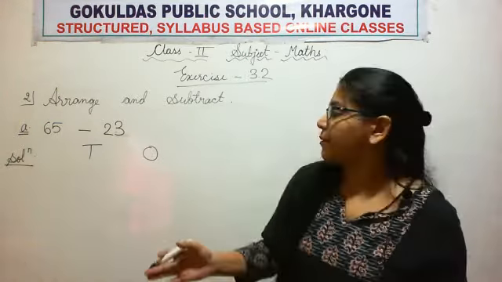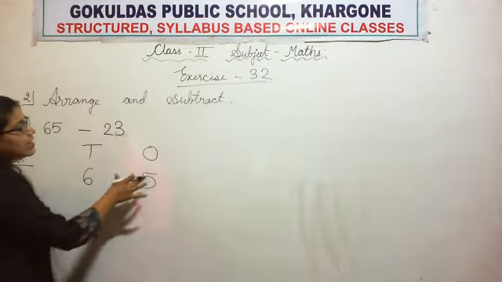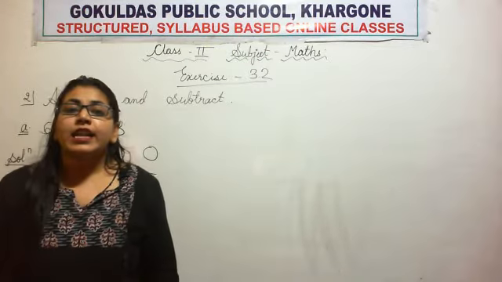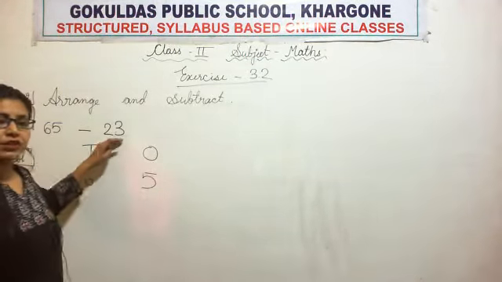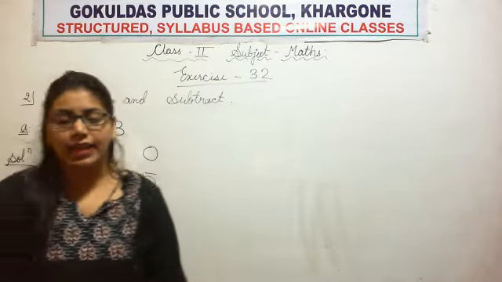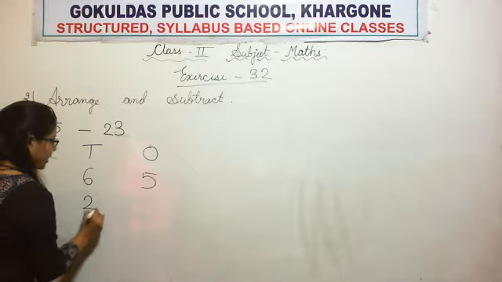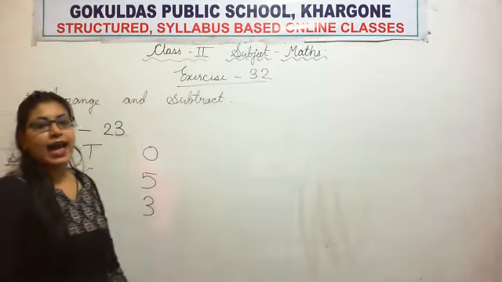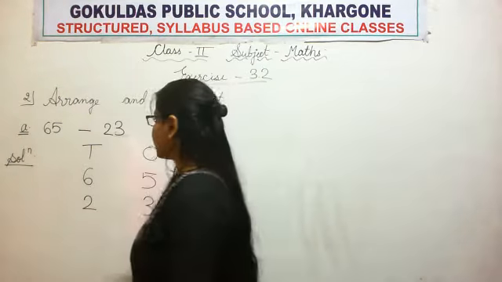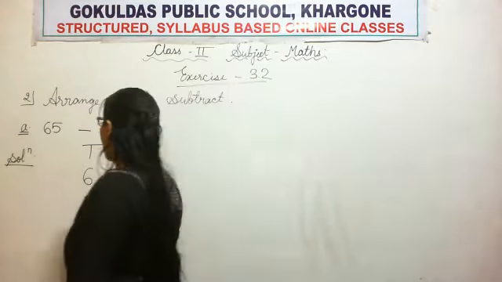Very good, 65 is the bigger number. It means it is our minuend. So we'll write 65, tens below tens and ones below ones. The number which is left is obviously our subtrahend, and that is smaller also. So we'll write 23, ones below ones and tens below tens. Now we'll put a minus symbol in a different box.